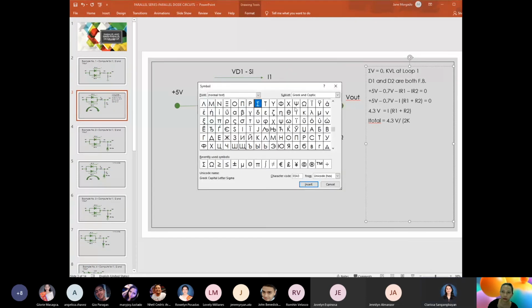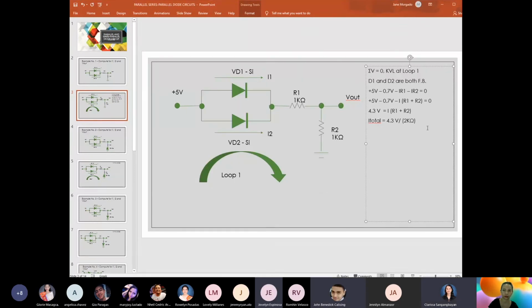Anong sagot? 2.15 milliampere, times 10 raised to negative 3. So, I total is equal to 2.15 milliampere. Take note of the units, ha? Marami nagkakamali sa units. Did you do your homework?